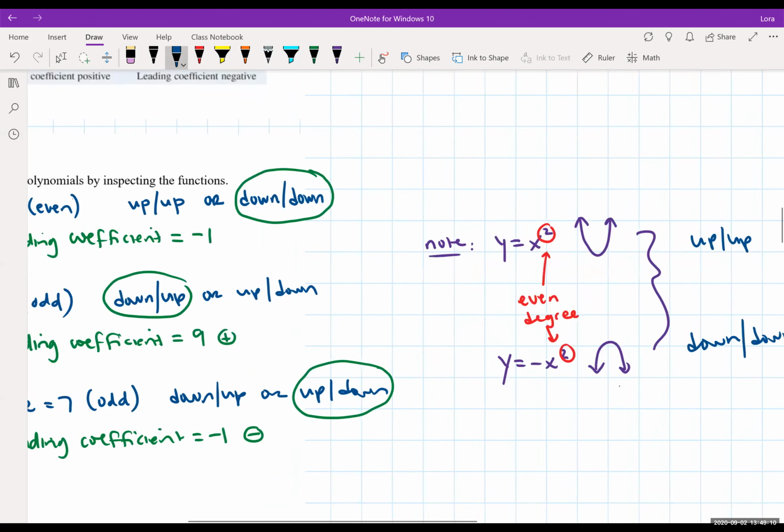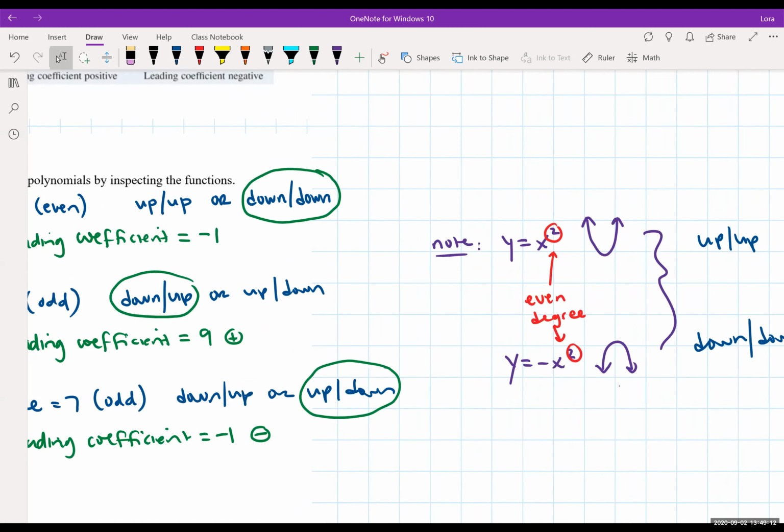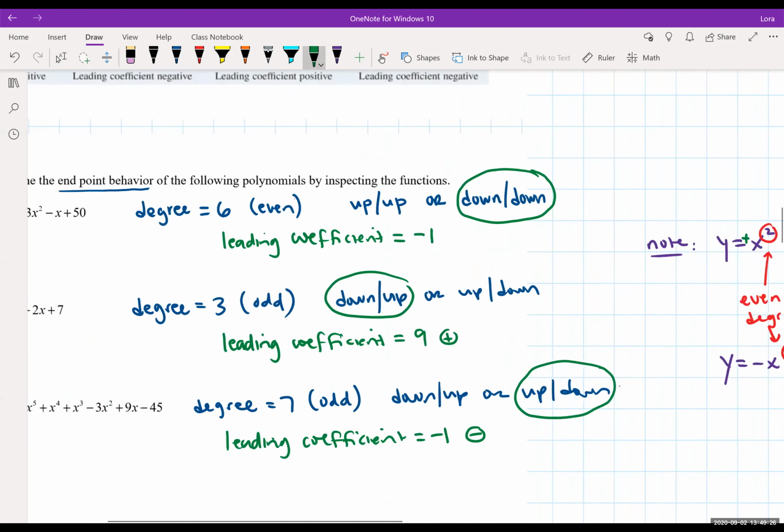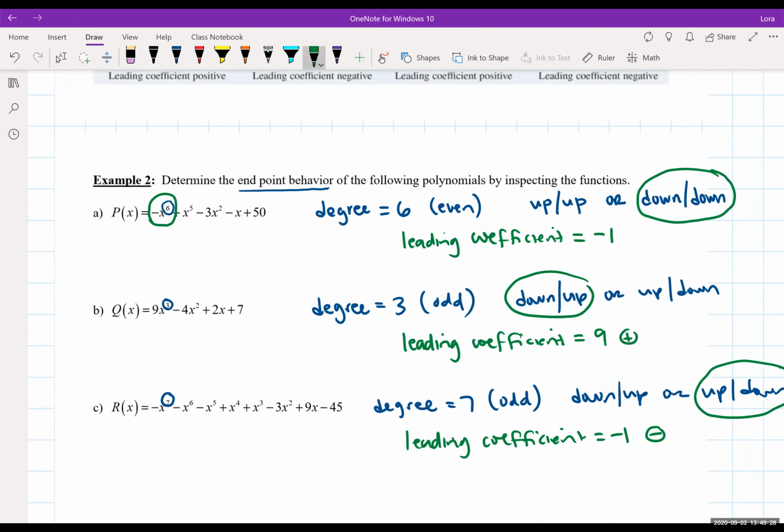And then just keeping this in mind, if you're looking at the pattern on the nice version of your parent graph, you'll notice that if you had a positive leading coefficient, it's going to be an up, up case. So when you look at your P of X, you notice, oh, it's a negative leading coefficient.